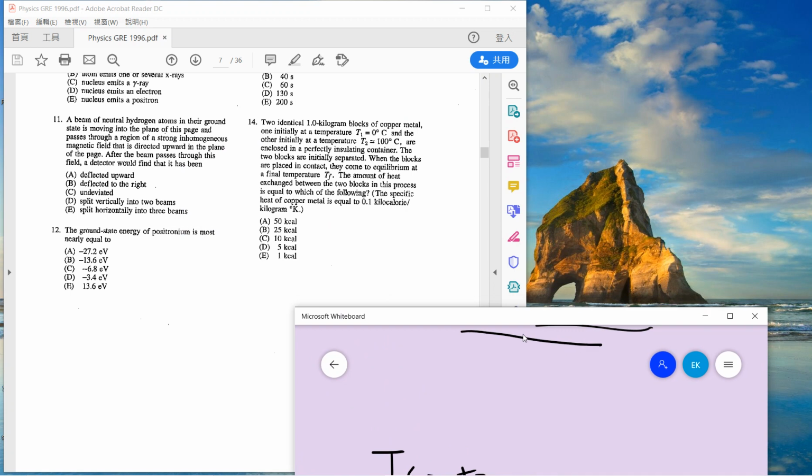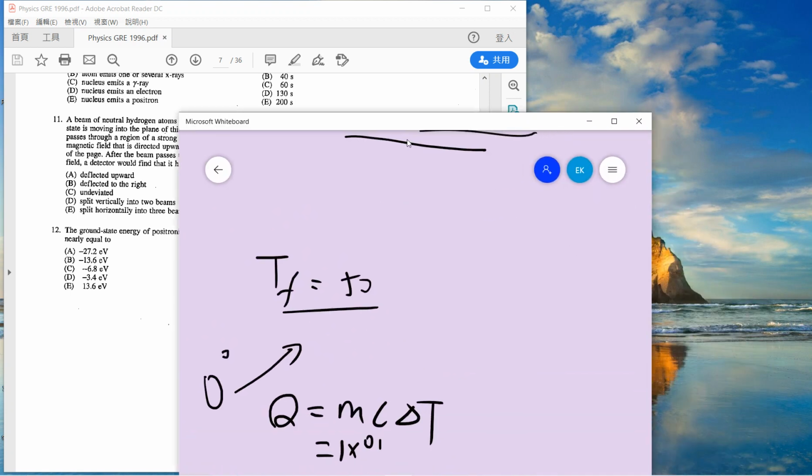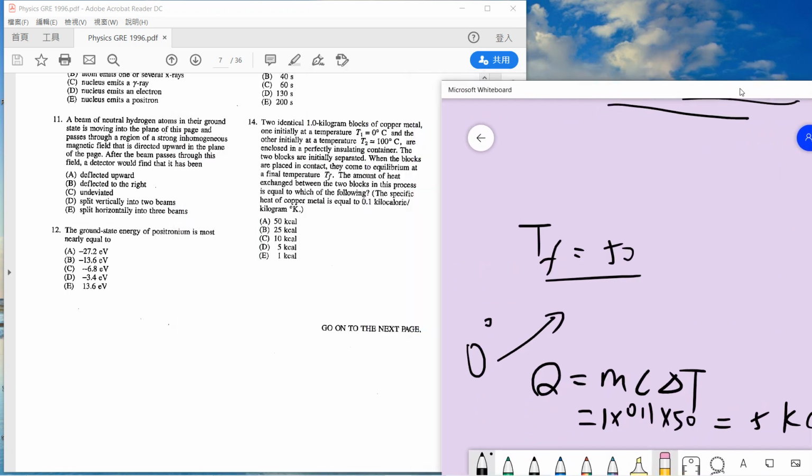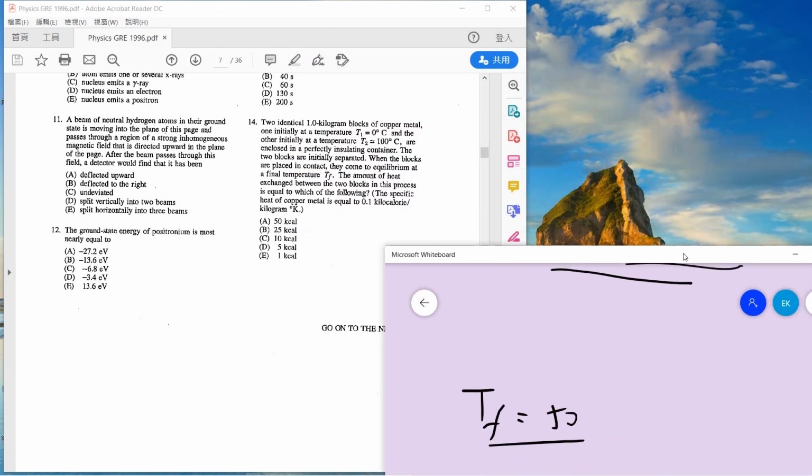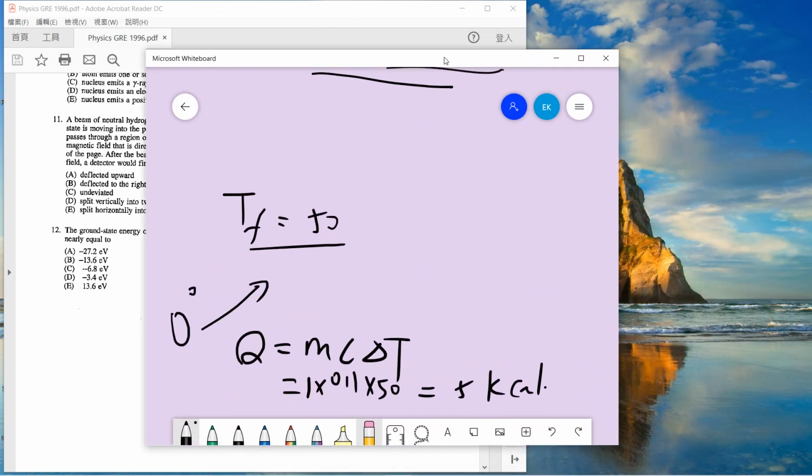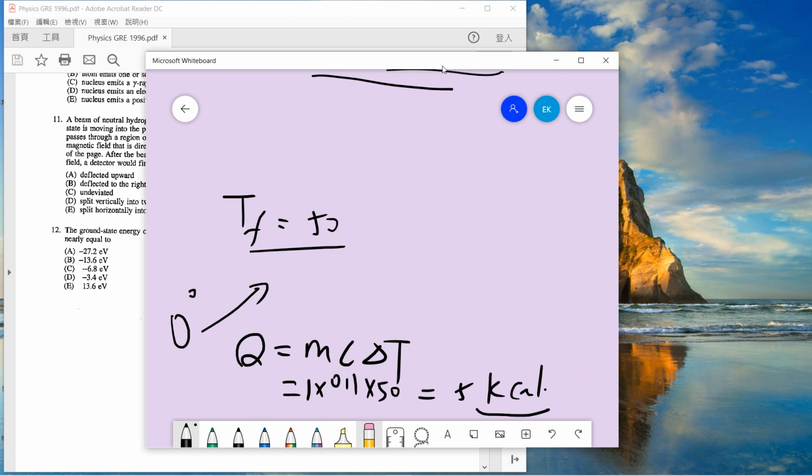And c is 0.1 kilocalorie, and that is 50, so 5 kcal. So the answer is A. No, the answer is okay, the unit is kilocalorie.